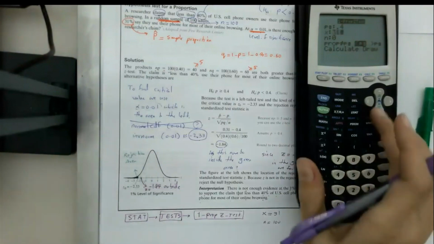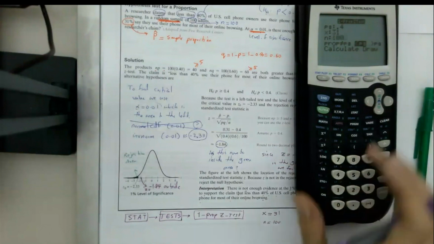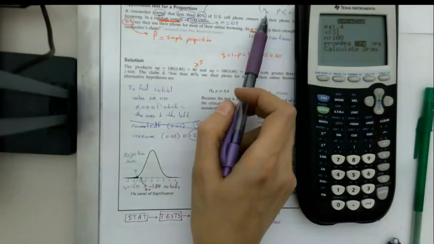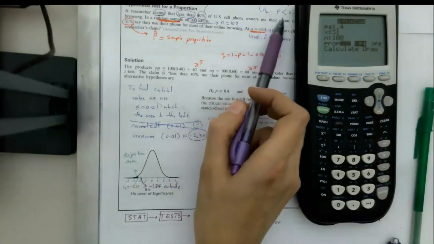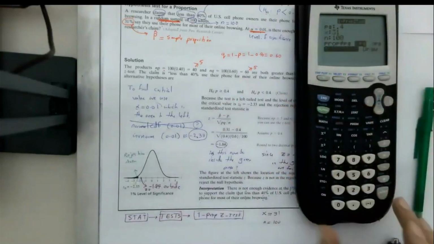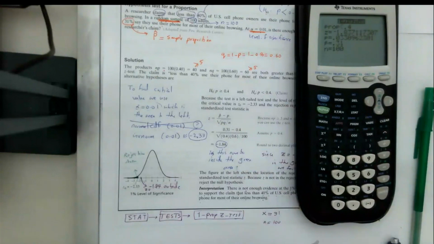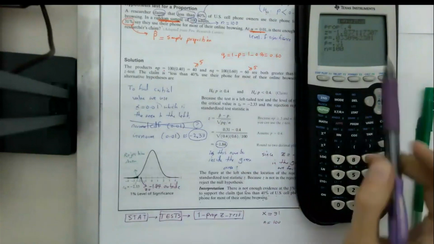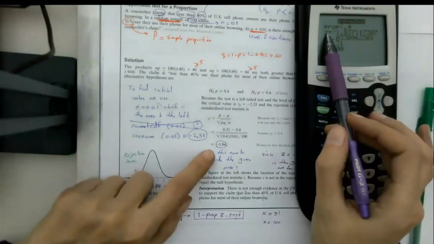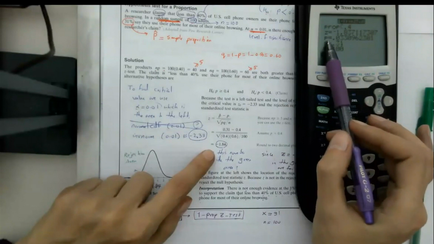So 31, 100. Which case is this? Your alternative hypothesis says it's less than, so we're going to select the middle one and calculate. Here we go. This is our z, negative 1.84. We also have our p-value.